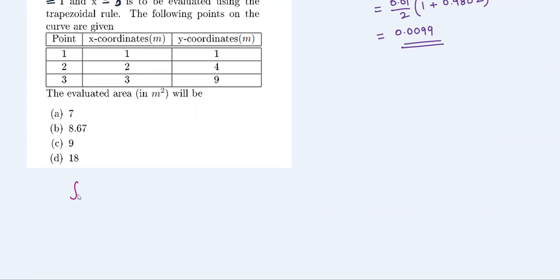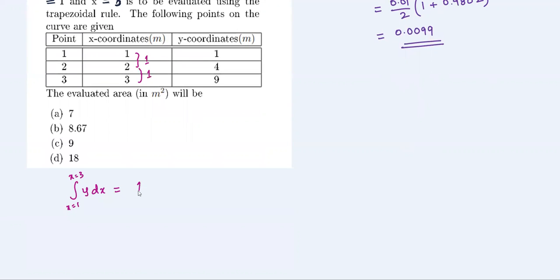How do we do it for trapezoidal rule? The integral of y from x equal to 1 to x equal to 3, dx. Using trapezoidal rule, between these 2 points we have to use the trapezium. h is 1 in both these cases.